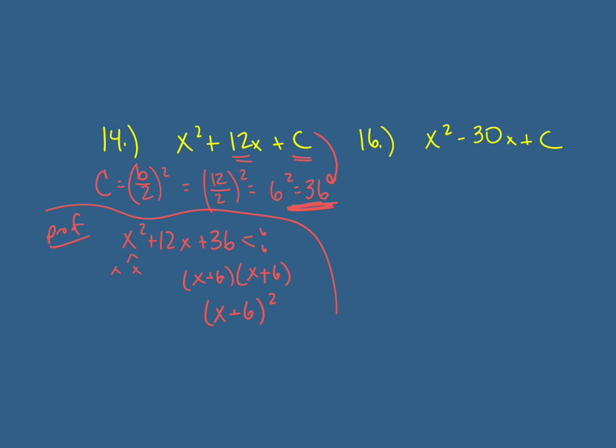That's your C. Same thing here. C equals negative 30 all over 2 squared. Remember, it's inside parentheses, so even though it's negative 15 squared, it's still going to give me 225. That's my answer. Now the proof is when I plug it in, I'm going to see, does it work?